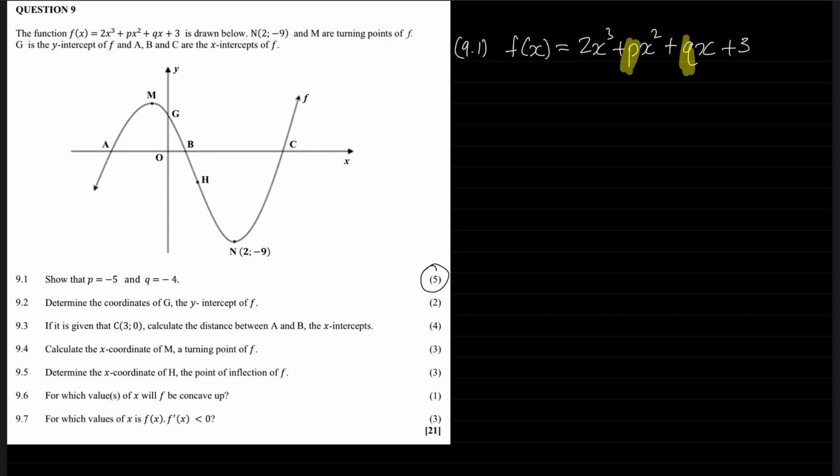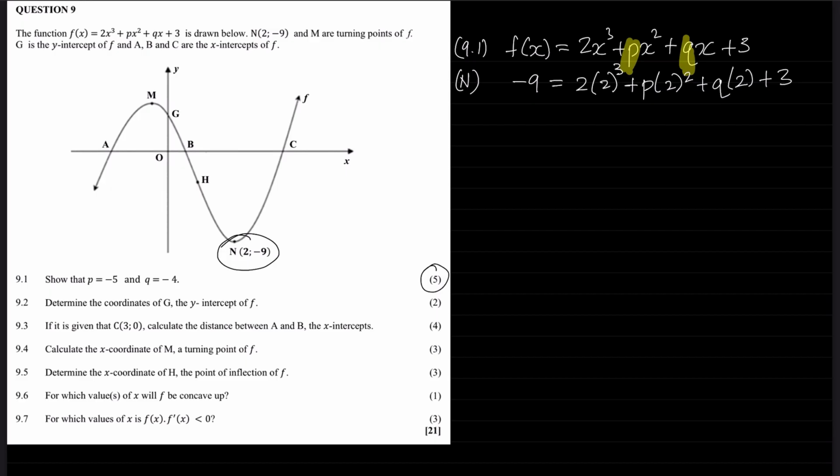So to start, I'm going to take this coordinate N and substitute it into this equation. So -9 is equal to 2, and then 2 to the power of 3, plus p, then 2 to the power of 2, plus q, then 2, plus 3.